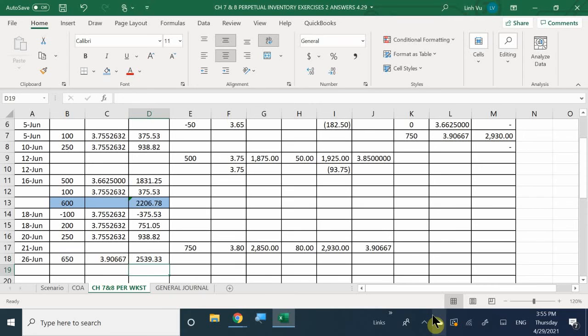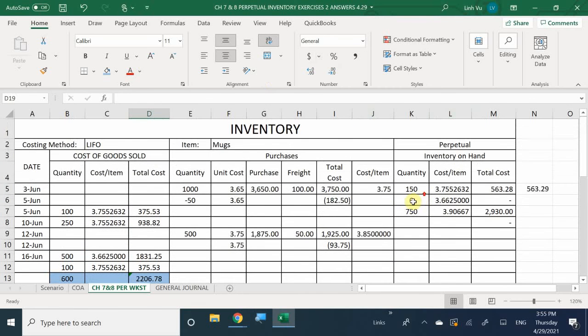Is that what you said? Yes. Perfect. Okay, good. So now let's go ahead and update our inventory. So now I sold a total of 650 units. So 750 minus 650 should give you 100. And boom, I should get 390.67. In this case, that pans out. That's correct.